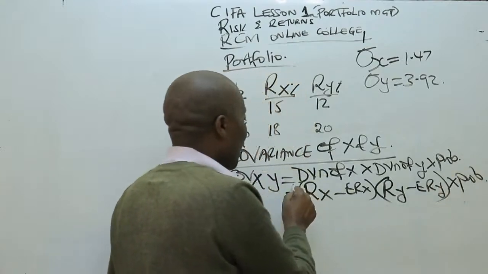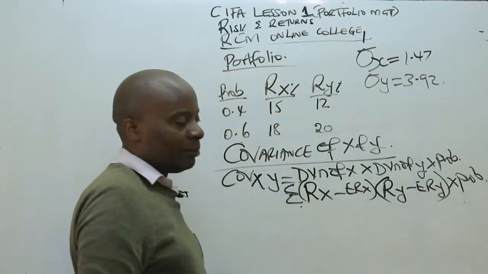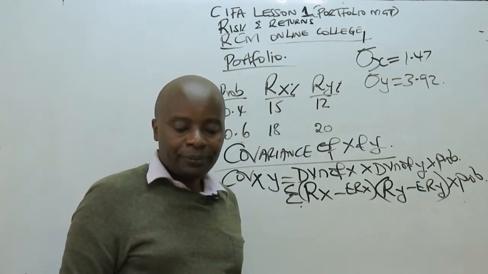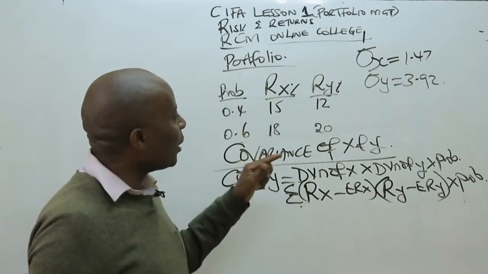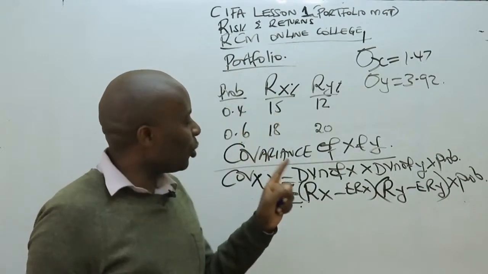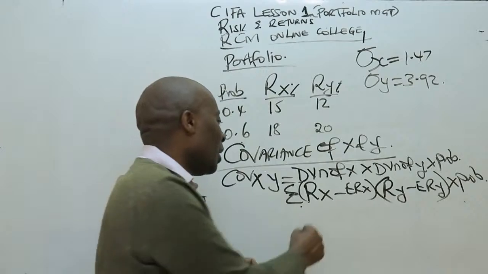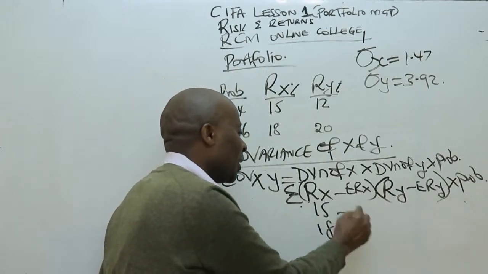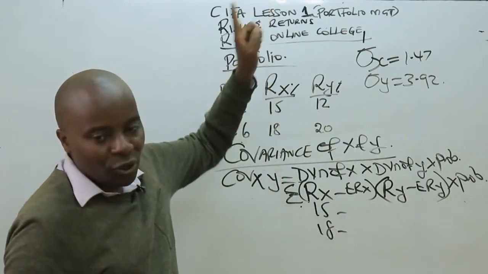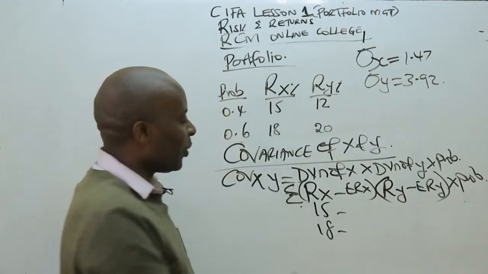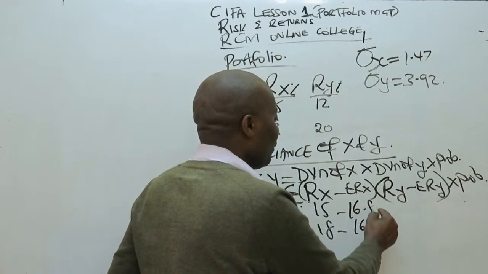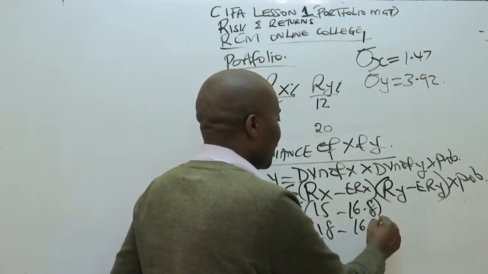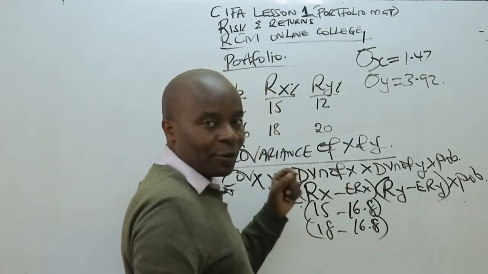Ladies and gentlemen, at the end of the day, of course, you must sum them. So come right away here and pick the actual returns. The actual returns of X, I have them here. We have 15, 18 minus expected returns. We have obtained them up there. Expected return here was 16.8, 16.8. Remember, expected return doesn't keep on fluctuating.